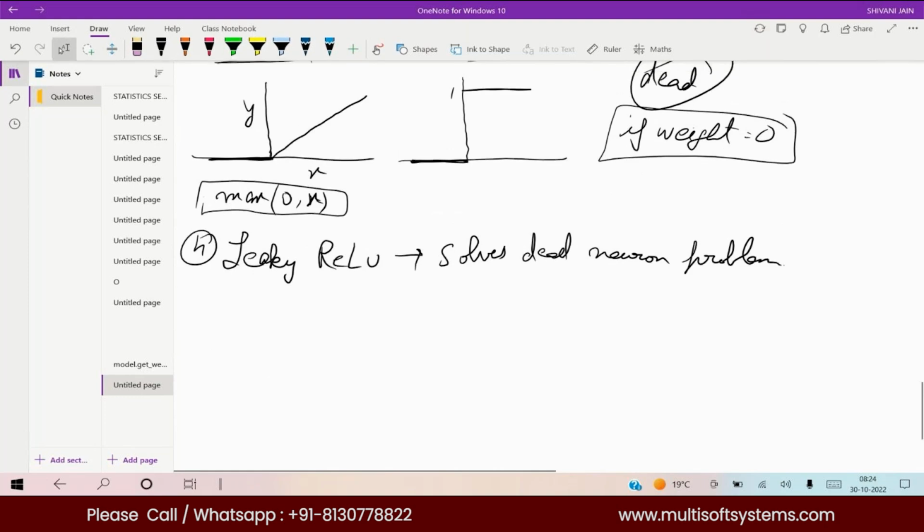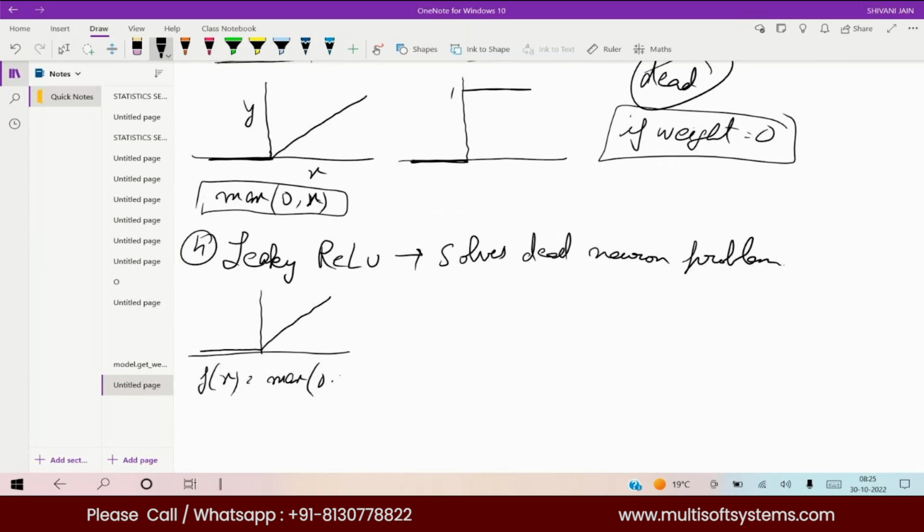Now, how does my graph look in this case? In ReLU, it was 0 in case of negative x, but in this case it will be slightly higher, slightly above 0. For positive value, it will be x, right? So the equation is maximum of 0.01x comma x. Now try to relate this. What will be my value in case of negative value?